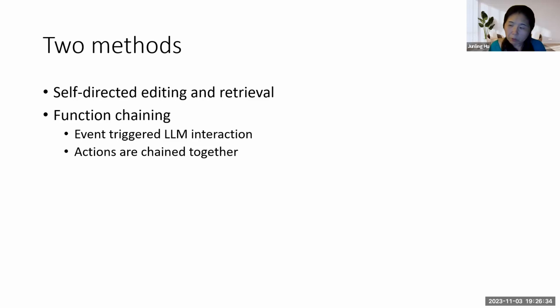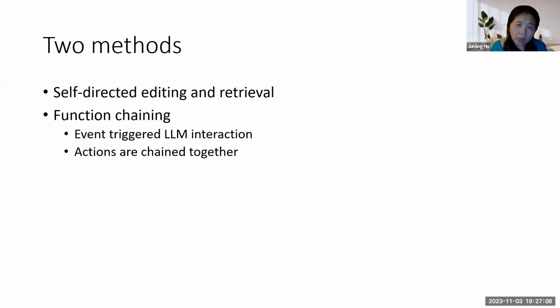That gives it a chance to do what they call self-introspection. When it reviews its own instruction, it has the capability to retrieve additional information from the database, or maybe change the context to something else. This is the self-directed editing and retrieval process, the first innovation they introduced.